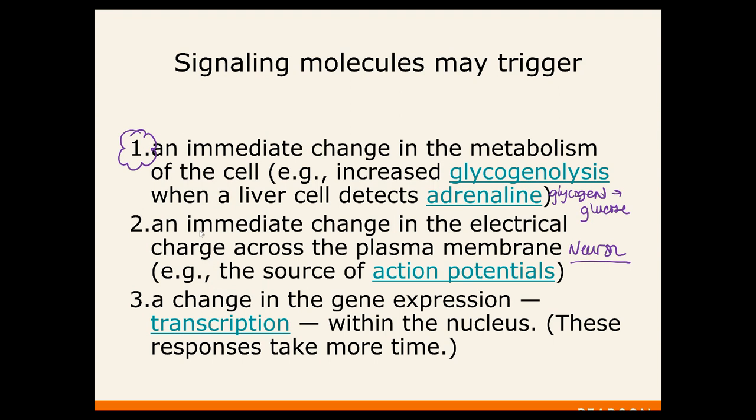When that hormone binds to the receptor, there's going to be one of the most famous of signaling pathways in biochemistry, which will involve something called G protein and phosphorylation cascade.